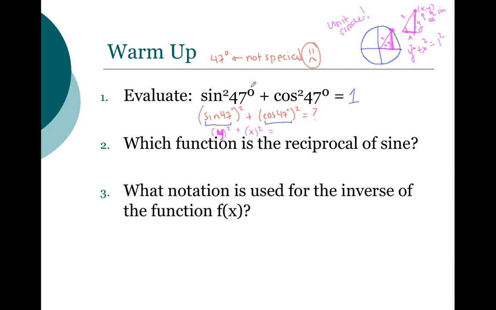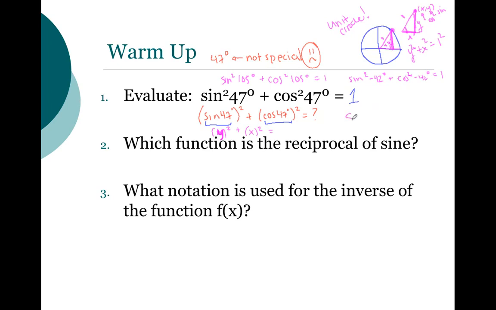So I could have put anything here. I could have said, hey, what's the sine squared of 105 degrees plus the cosine squared of 105 degrees? It's going to equal 1, right? The sine squared of negative 42 degrees plus the cosine squared of negative 42 degrees equals 1.